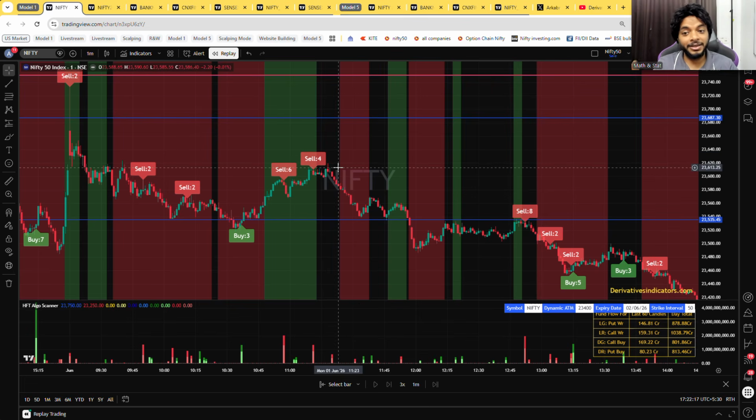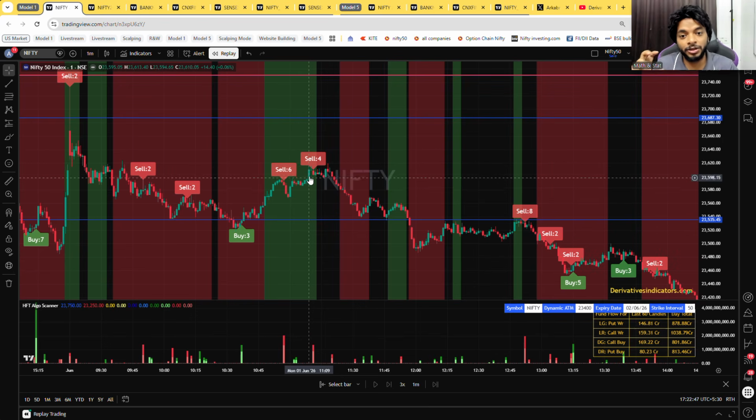But here the important thing is that you are getting the signal way ahead of the move. Almost at the bottom or almost at the top, before the actual move has started occurring. Suppose you put the Supertrend on the chart, you'll see here it will be green, but our indicator gave the sell signal.